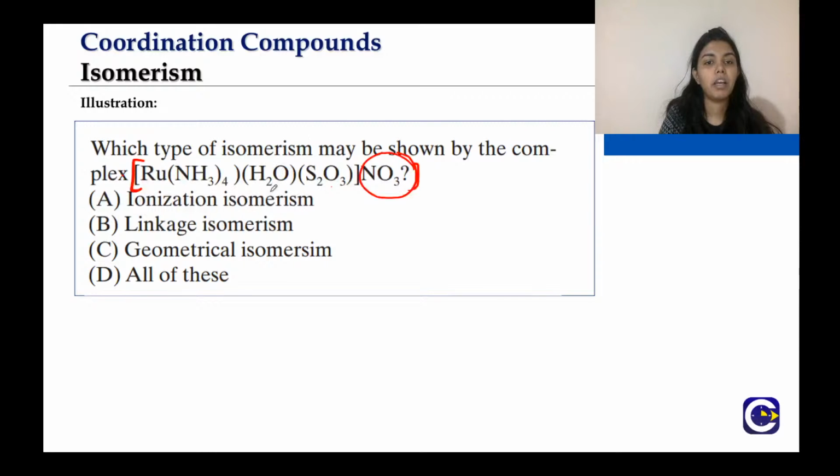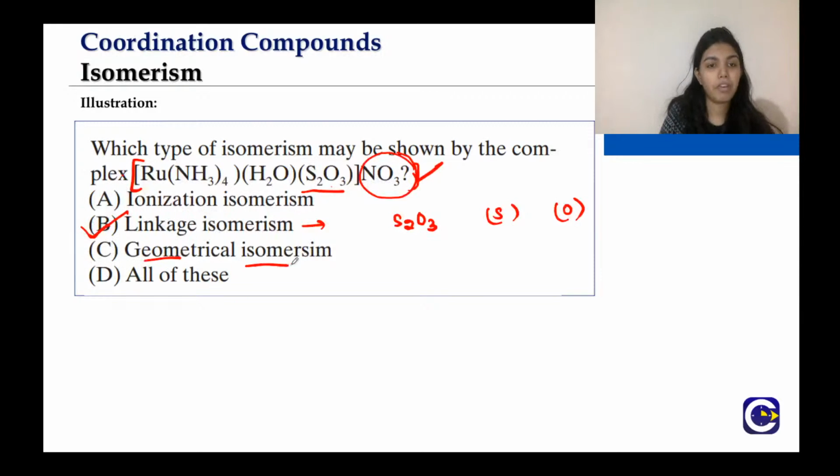Water can be outside also, or S2O3 can be outside also, and NO3 can be inside also. So it can show ionization isomerism. In case of linkage isomerism, S2O3 can donate from sulfur and it can donate from oxygen also. So it can show linkage isomerism also.